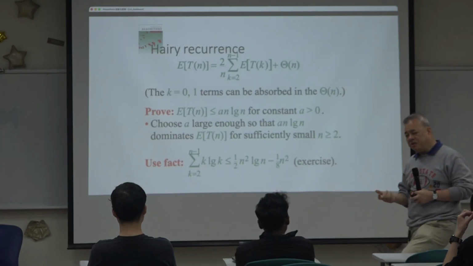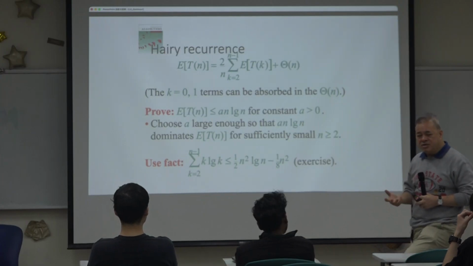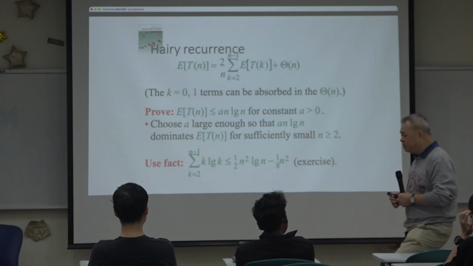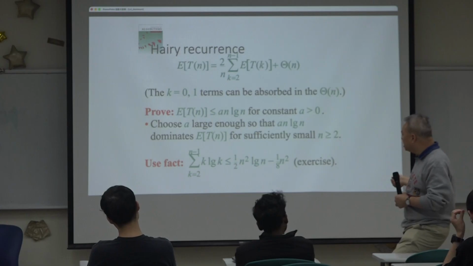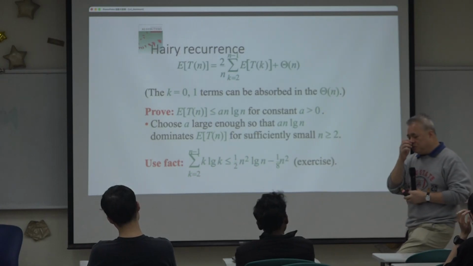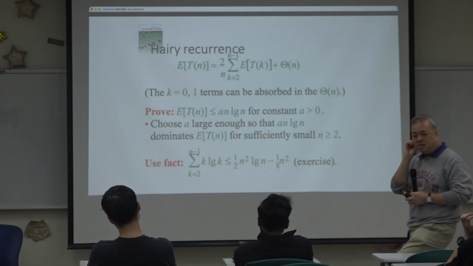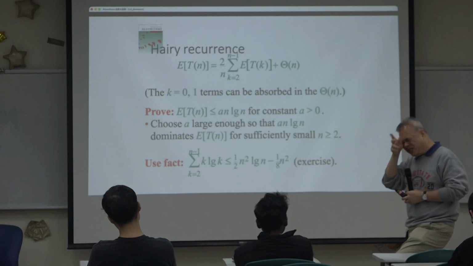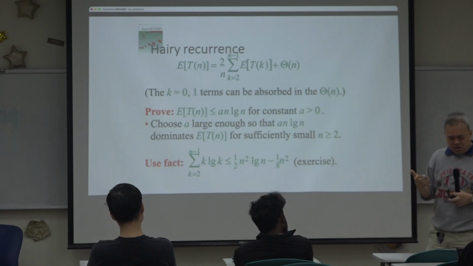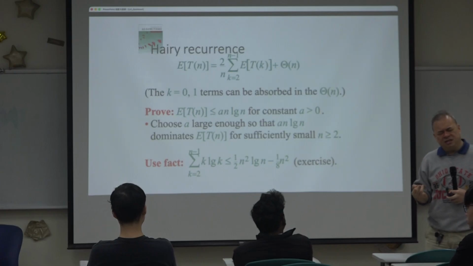Remember, so far we learned 3 things to solve a recurrence relation. This is obviously a recurrence relation, right? We use a smaller term to define the bigger term. And we only know 3 ways to solve it. One is induction.